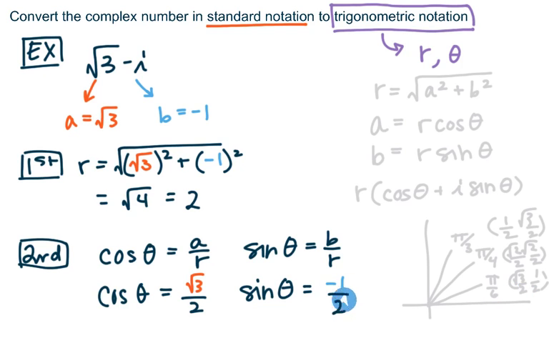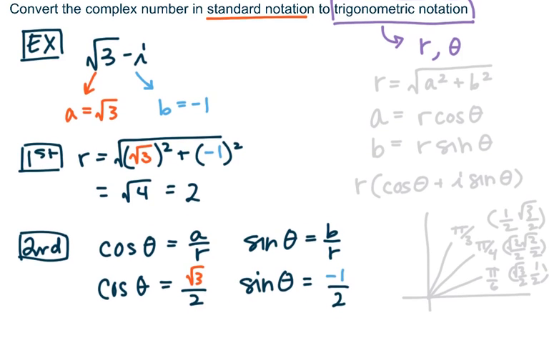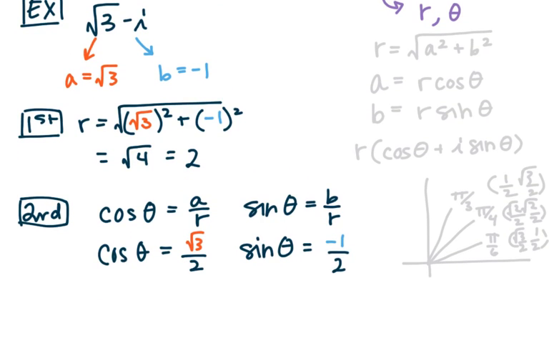Of course, my y value needs to be negative. So where is my ordered pair, x, y, positive and negative? And this lets me know I'm down here in quadrant 4. That's where I have plus, minus. And so what would this angle measure, pi over 6, what would that be in quadrant 4?